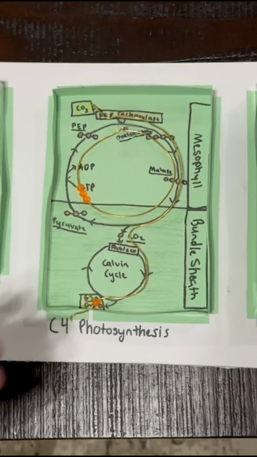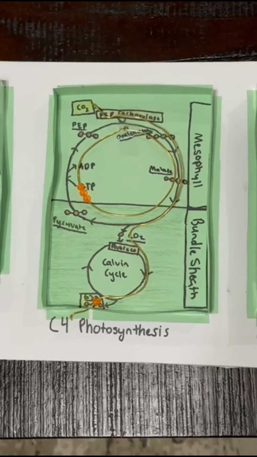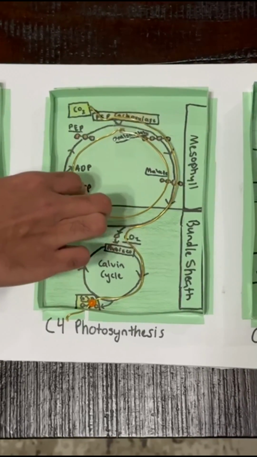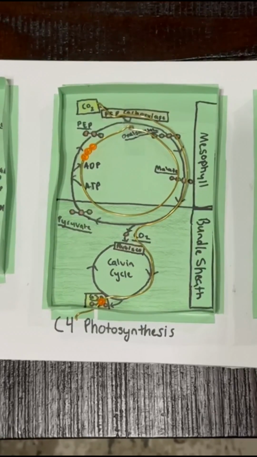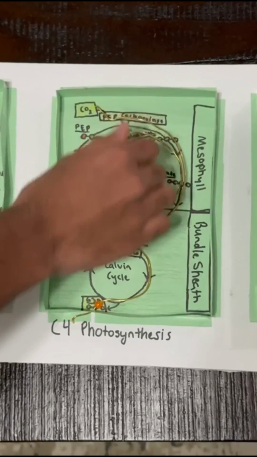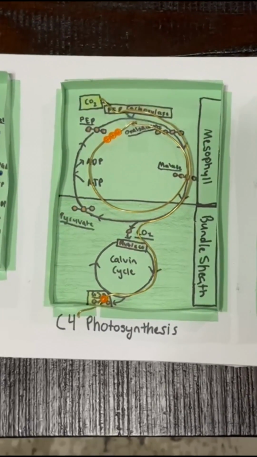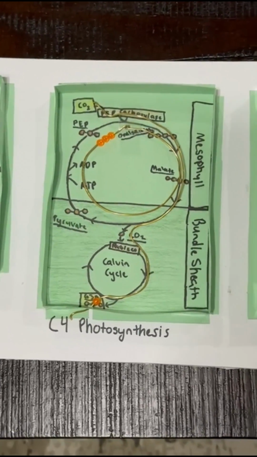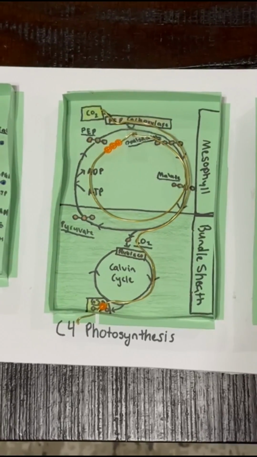After that, ATP gives one of its phosphate groups to the pyruvate to turn it back into PEP. And then this allows the cycle to restart and for more CO2 to be fixed. By doing it this way, it's preventing O2 from ever reaching Rubisco.